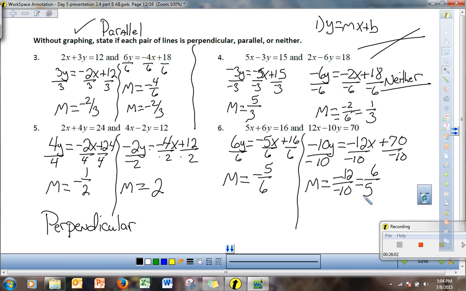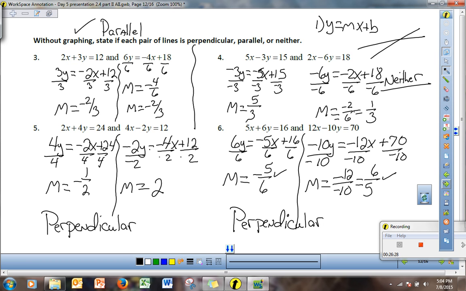So once again, guys, negative 5/6, positive 6/5, they're opposites. They're reciprocals, so these are going to be perpendicular, because they're opposite reciprocals. Okay?